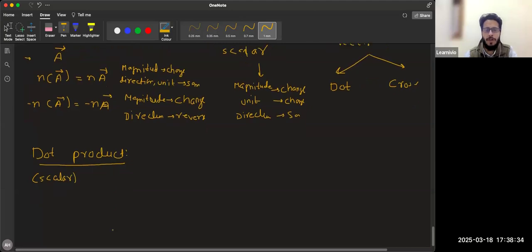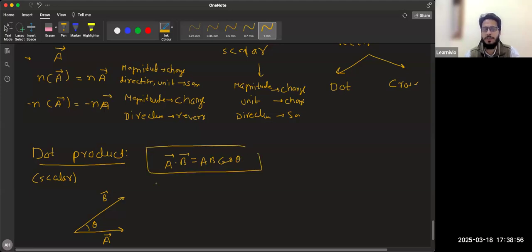The reason is, say you have two vectors, vector A and vector B. They are inclined at some angle theta. When you take the dot product of A and B, A dot B is simply AB cos theta. Since the final result is a scalar quantity, that's why we call it a scalar product.